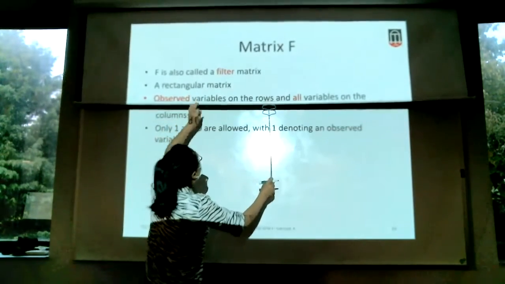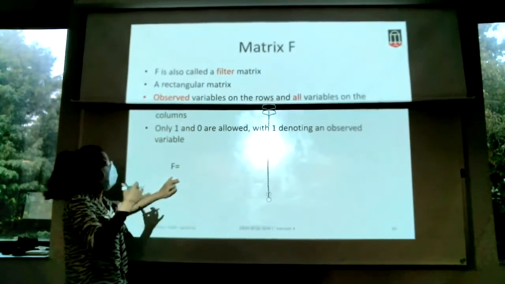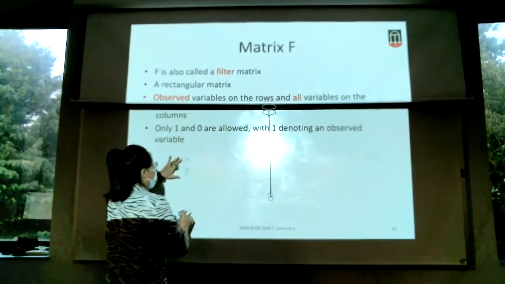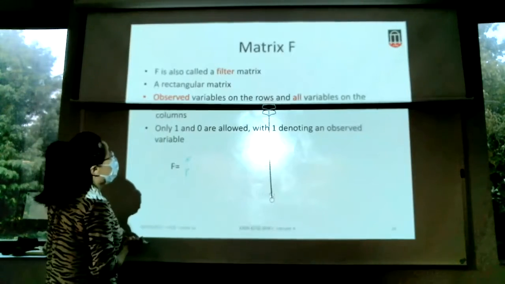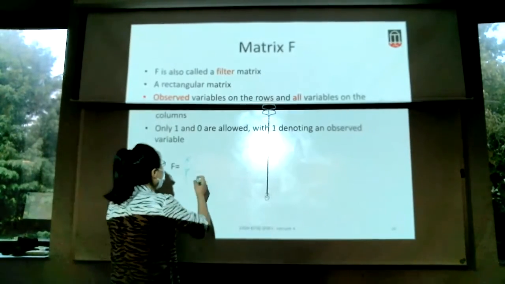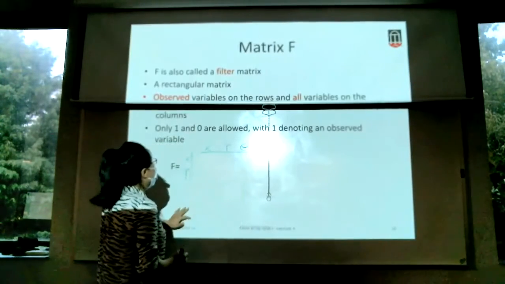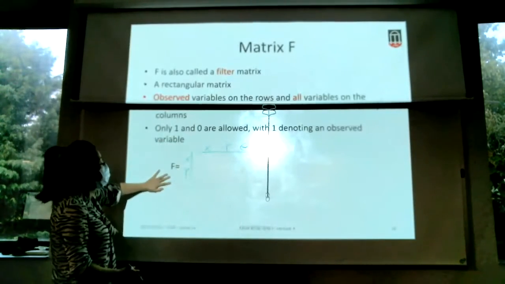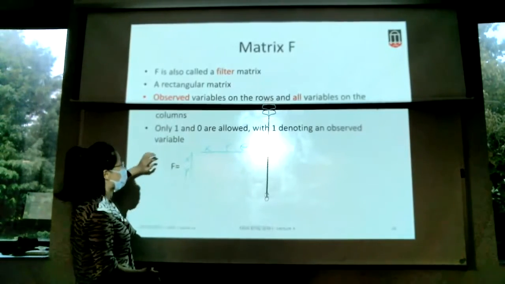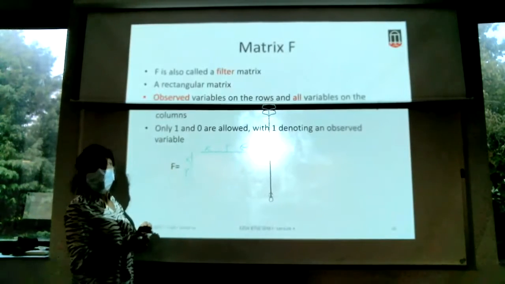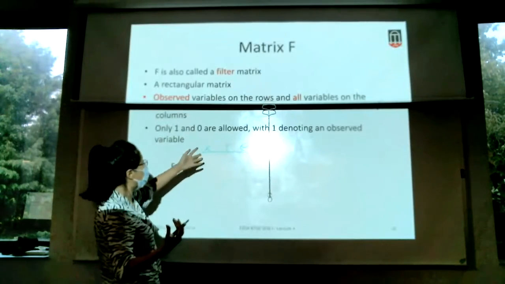In our simple case, the observed variables are X and Y, so the rows are X and Y. And the columns are all variables: X, Y, and E. So that is a rectangular matrix. But what are the elements inside this matrix? Only 1 and 0 are allowed. So which element will be 1, and which element will be 0?